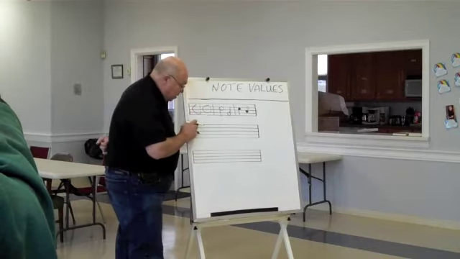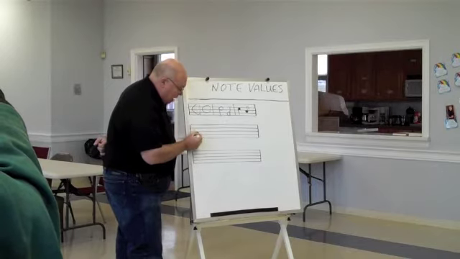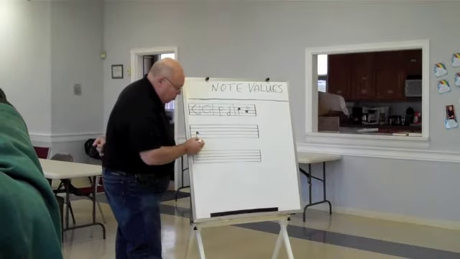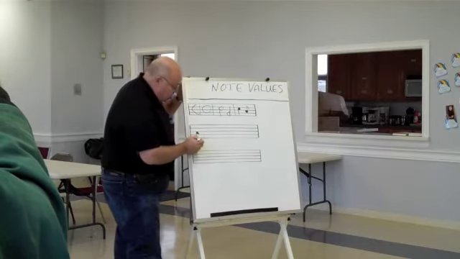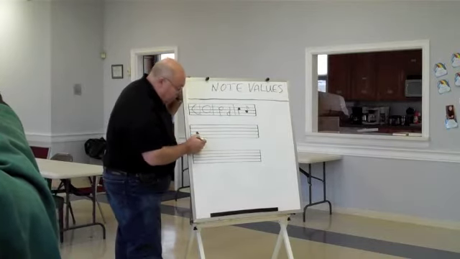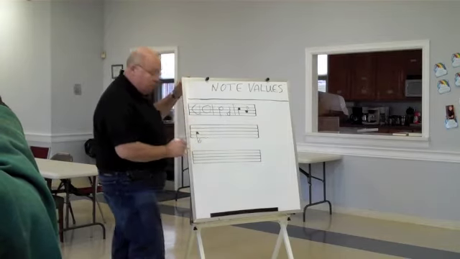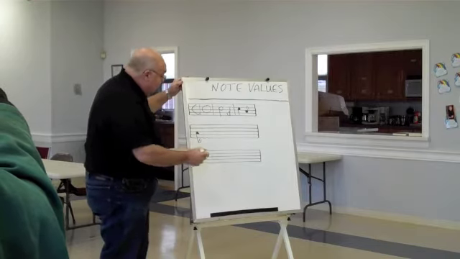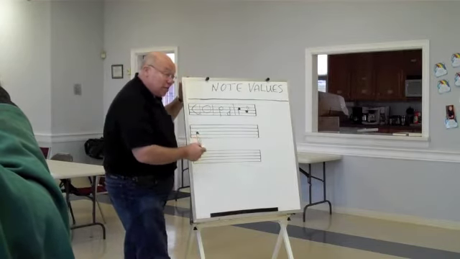So let's put it down. And we'll put 1 flag. That makes it an eighth note. And if we put 2 flags, it makes it a 16th note. Very good. And half of a 16th is a 32nd.